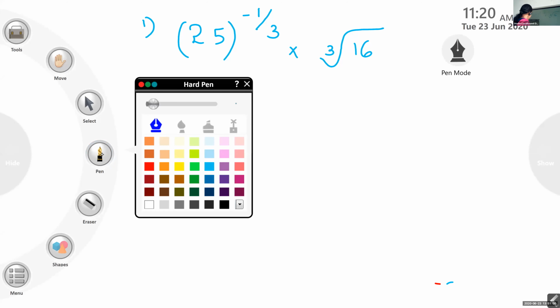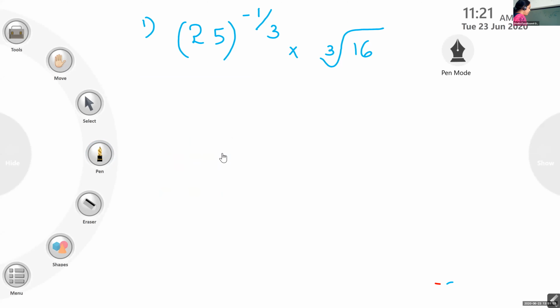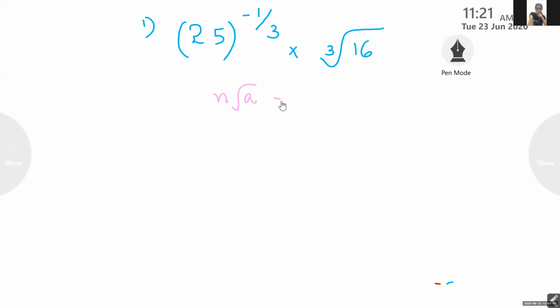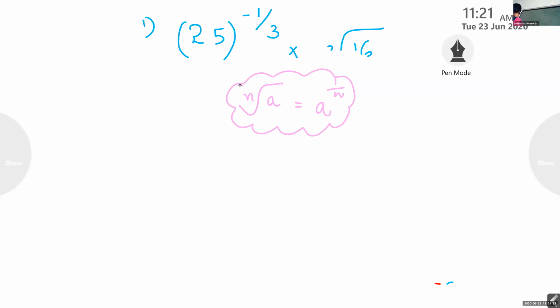First, nth root of a is equal to a raised to 1 by n. Very good. A raised to 1 by n. This is the law we are using here. Fine.